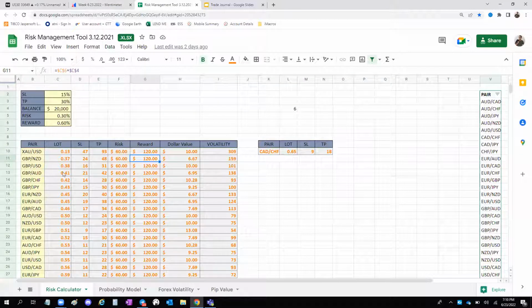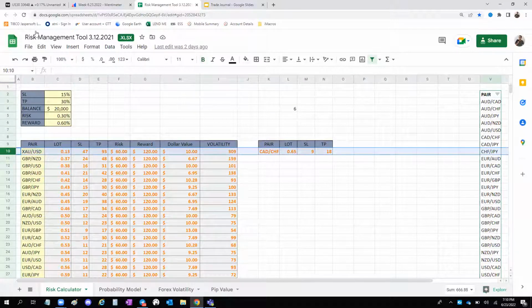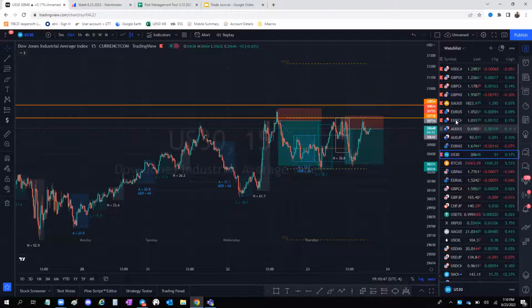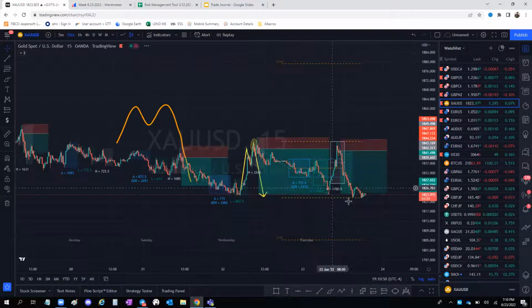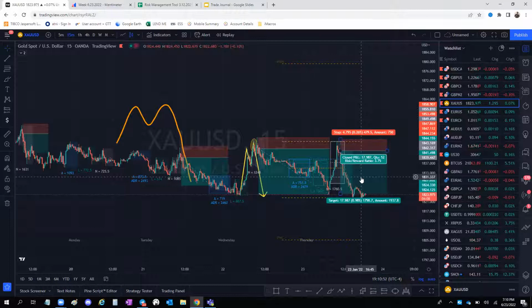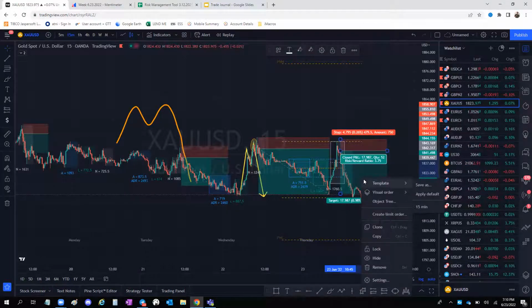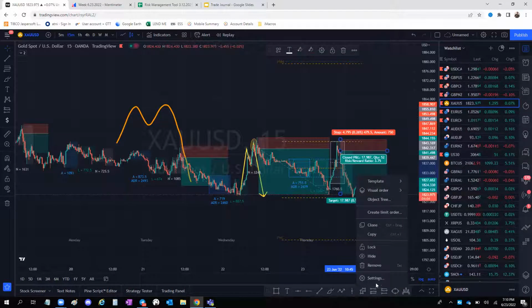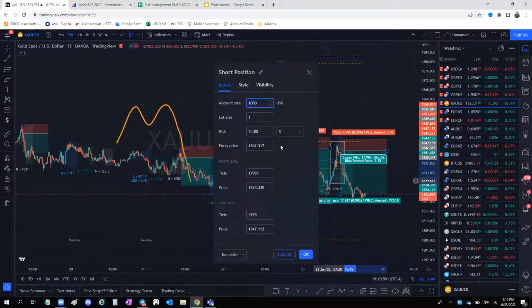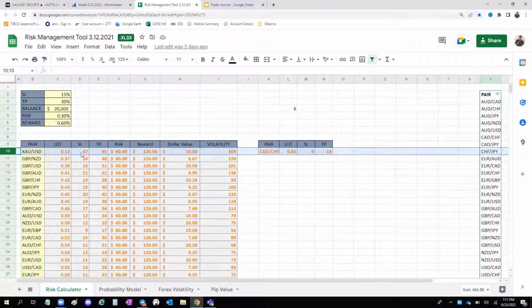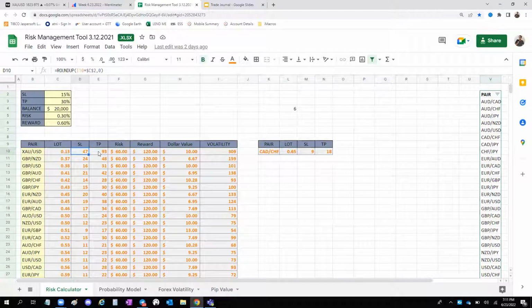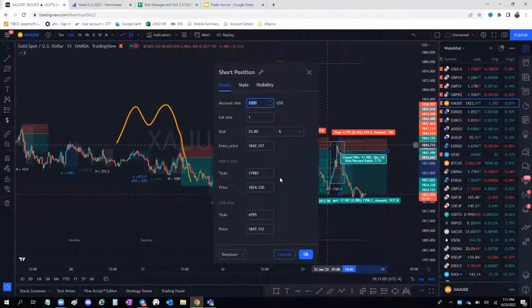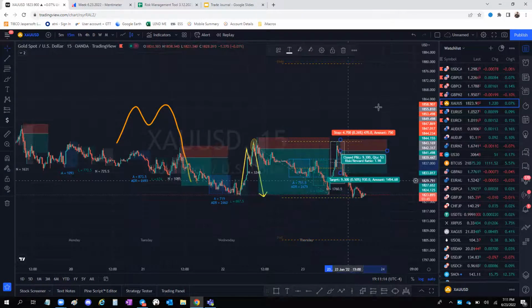So how this works, let's say for gold, for example. This is a tool, the short tool that you could use. Settings. What did we say is acceptable risk on gold? A stop loss of 47 pips is acceptable risk. So 47 pips, and we're going for 93 pips as take profit.